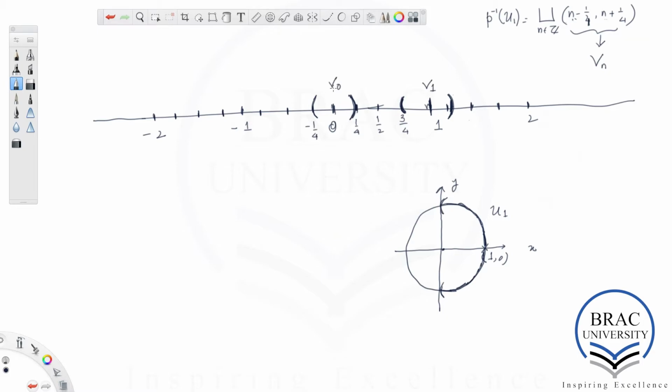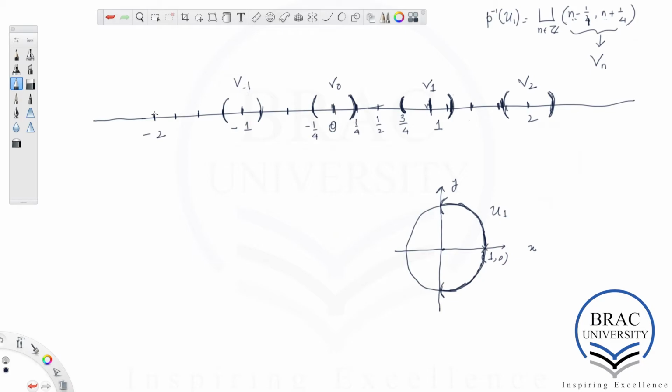This is V0. Similarly, plug in 2 here to see that you're going to have this thing here, from 2 minus 1/4 to 2 plus 1/4. This is going to be V2. Similarly, minus 1 minus 1/4 to minus 1 plus 1/4. That's V minus 1.